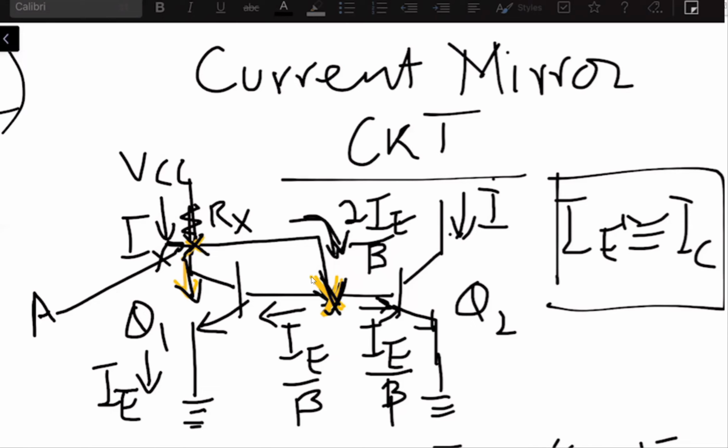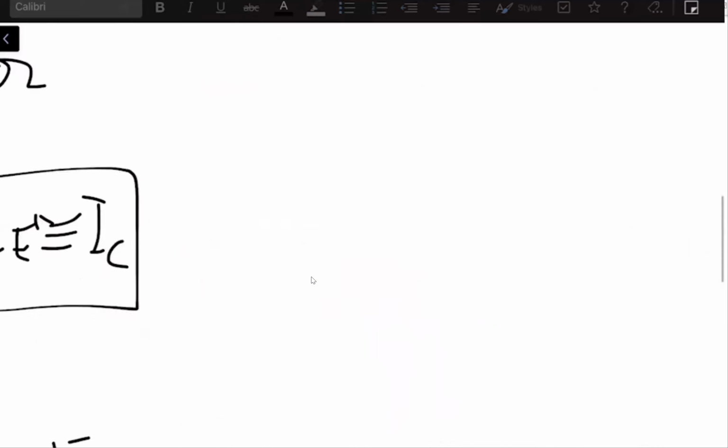Right? And if you want to find out the value of Ix, how can we do that? Looking at the circuit, we are applying VCC, right? Let me just redraw it.